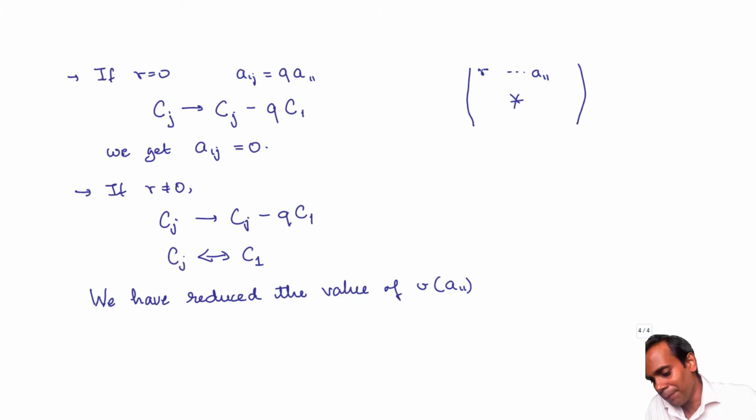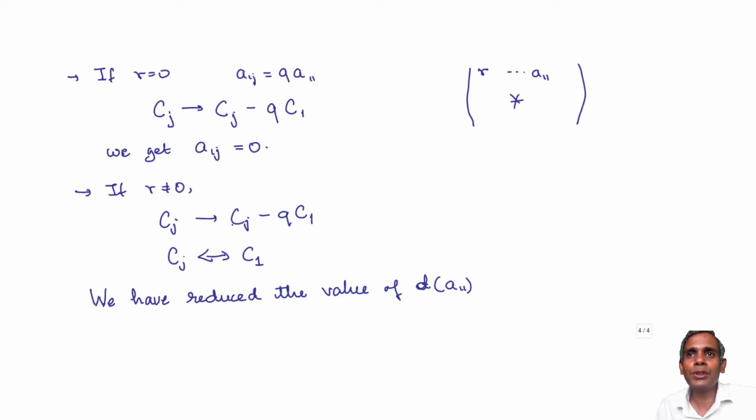So every time there's a non-zero element in the first row of A beyond the first column, what we can do is we can either kill it or we can reduce the d. We can reduce the size of the 1,1 entry of A by performing column operations.